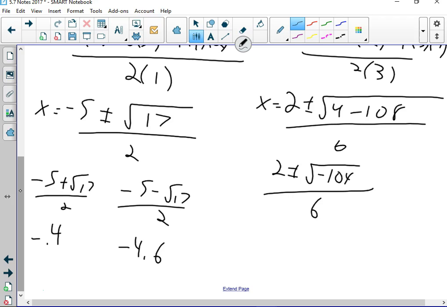Look at the discriminant. It's negative. So what does that mean? Oh, no solution. Because of the negative 104. Oh, okay.